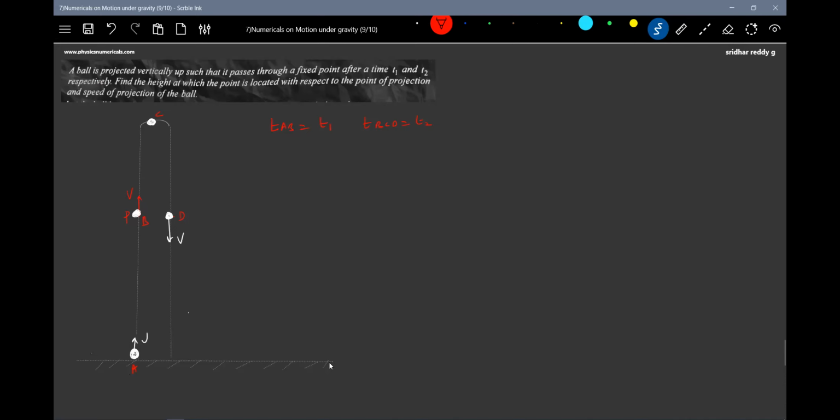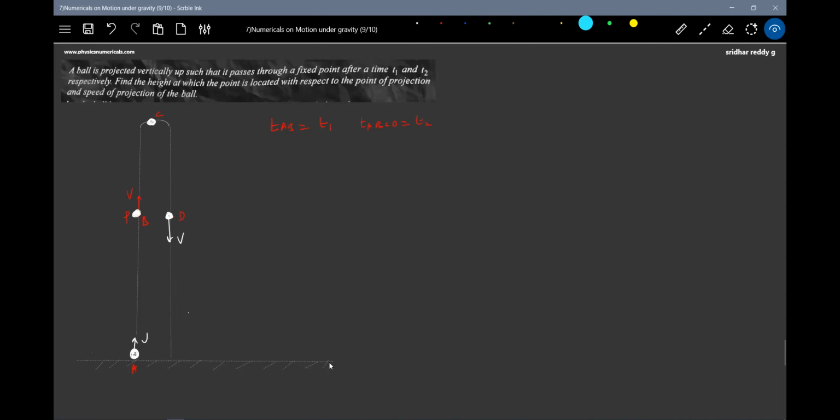It passes through a fixed point after times T1 and T2 respectively. So this will become T2 and this will become T1.